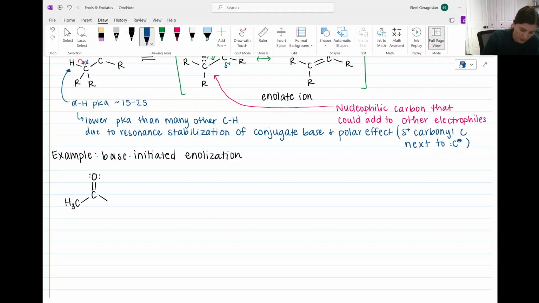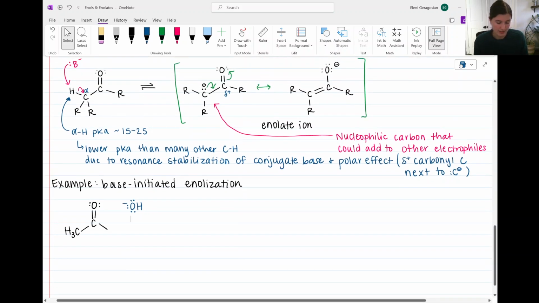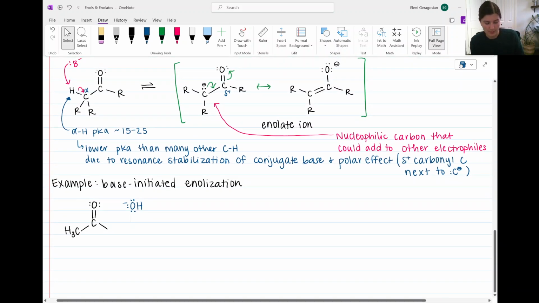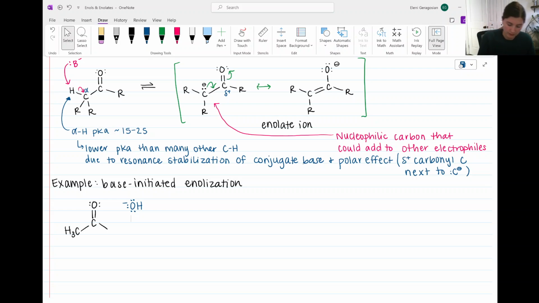But we will have strong base present, so we'll say it's a hydroxide ion present. And that hydroxide ion is a strong enough base to remove, the reaction will be in equilibrium, but it could remove an alpha hydrogen. So we'll show that alpha hydrogen on that carbon on the right.